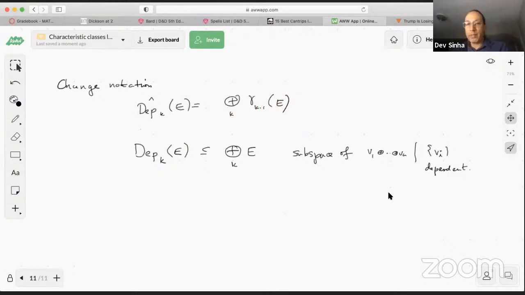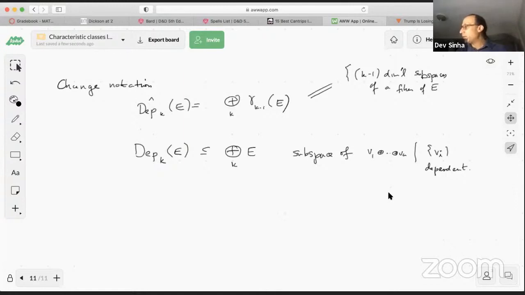And so how can I think of this? So this is, again, essentially by definition, the space of k-1 dimensional subspaces of a fiber of E, right? So the fiber of E is the vector space. I'm looking at k-1 dimensional subspaces.